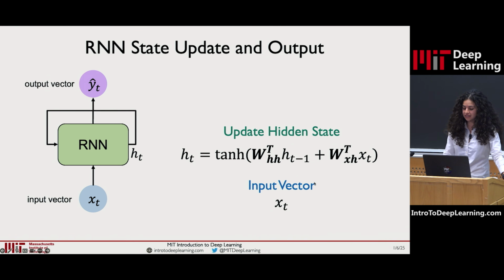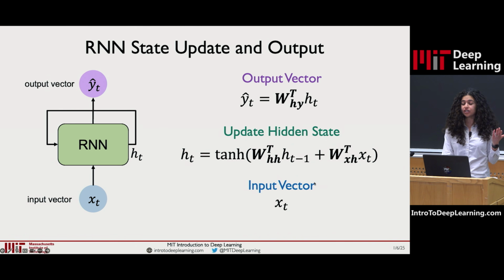That updates our hidden state. And now we can generate a prediction, an output vector, by taking that hidden state and applying a weighted transformation to it. So this is the core of both how the RNN can update its internal memory, its hidden state, and also produce a prediction, an output, at each individual time step.